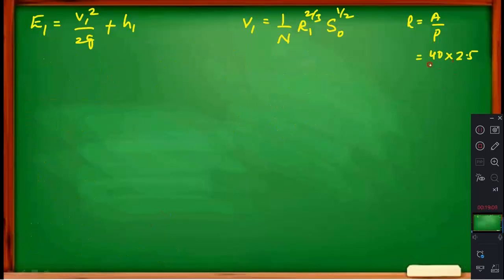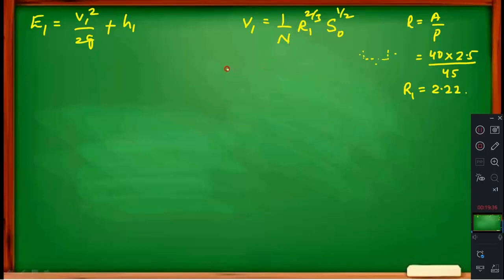This is your area. The perimeter is 2.5 plus 40 plus 2.5, which is 45. Therefore R1 is equal to 40 into 2.5 divided by 45, which is 2.22.